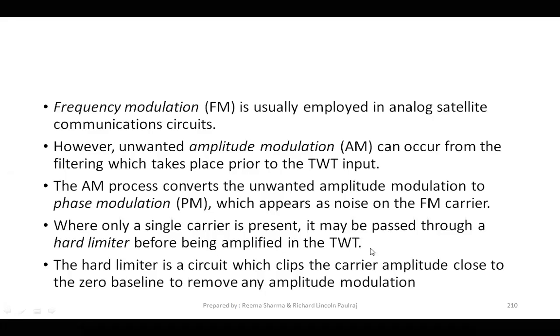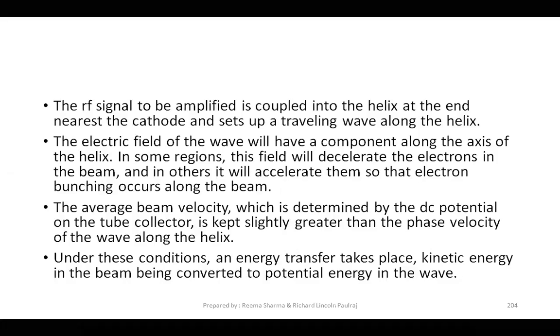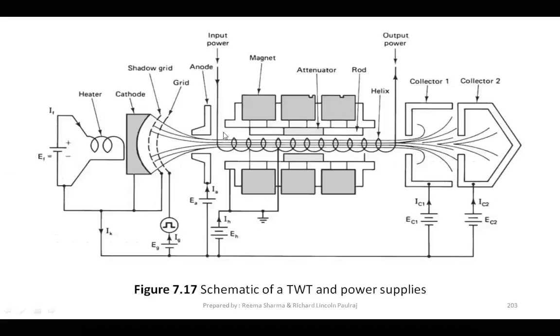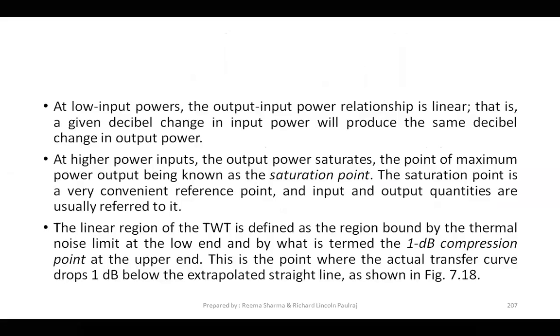So we will look at this diagram here. There are a lot of things that take place between the cathode, the grid section and the collector section, and modulations happen in between.